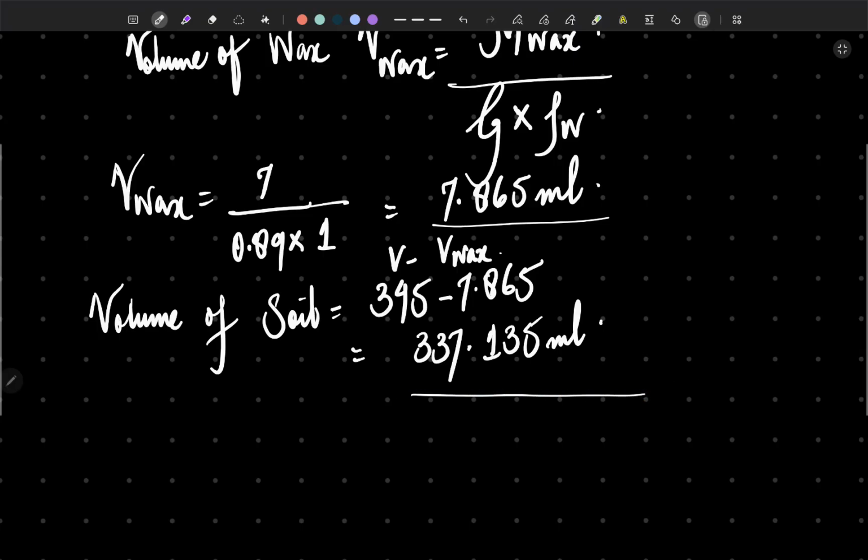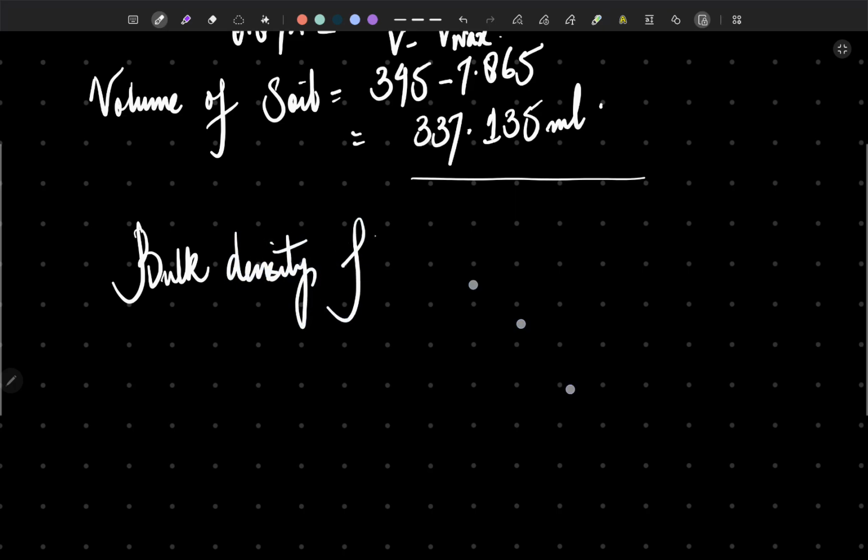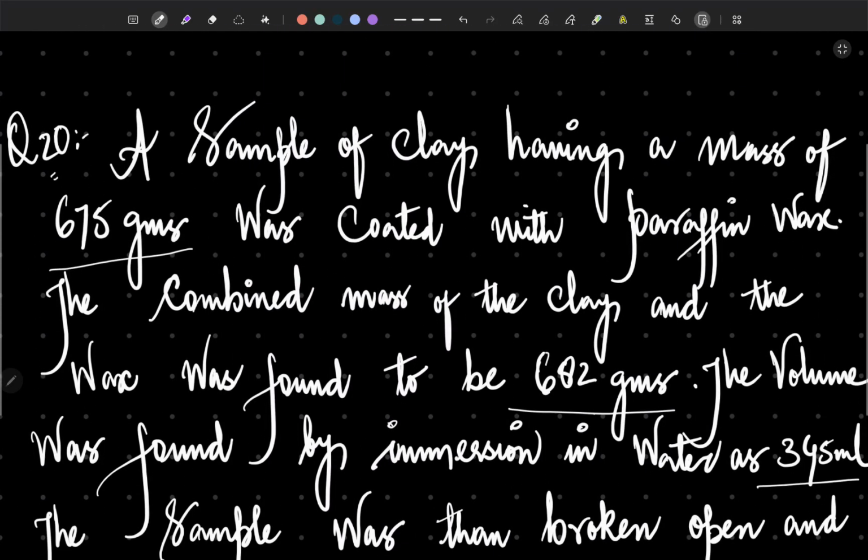So the bulk density is how much? Bulk density is mass per unit volume. How much is the mass? 675 grams. This is the clay without coating. We have to take that parameter.